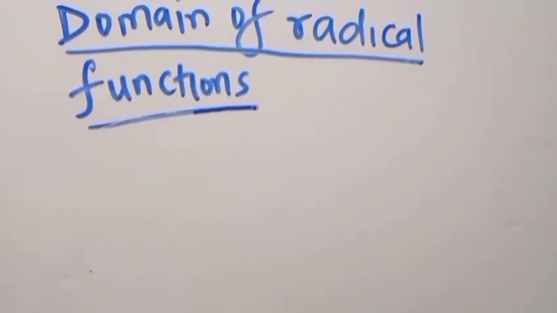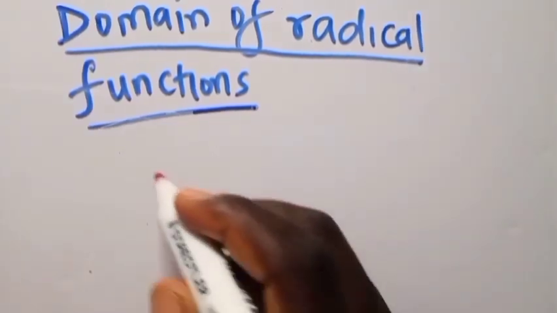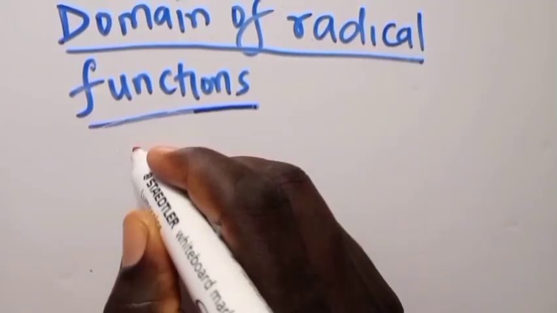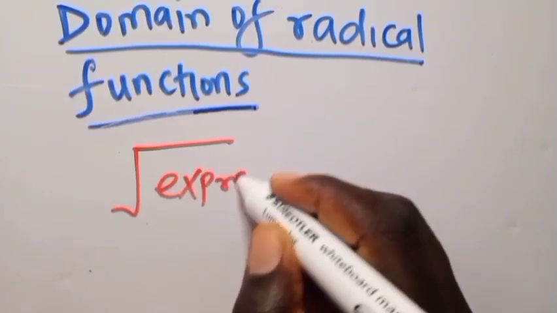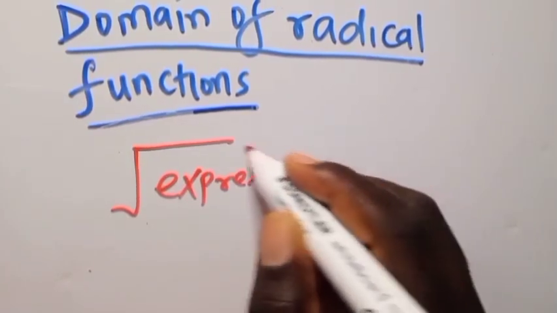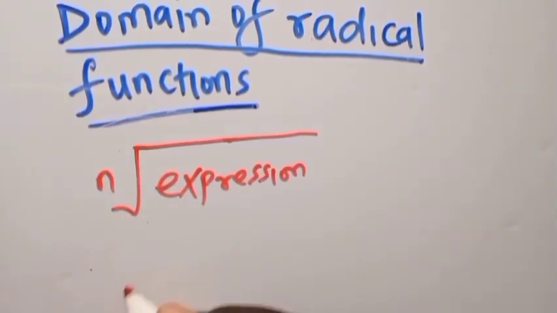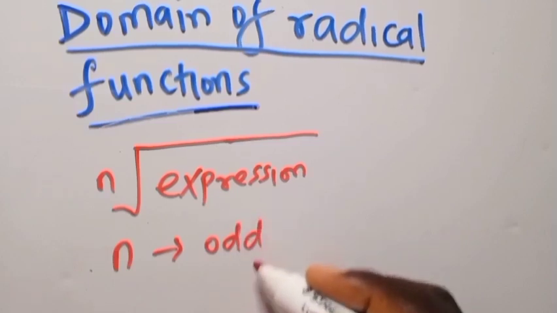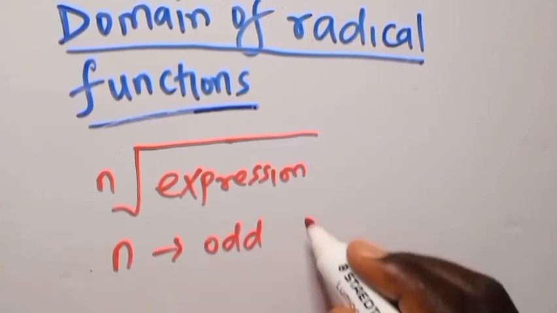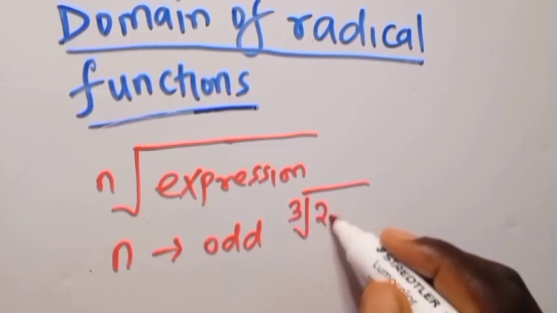Now, again, we looked at radical functions, and we said that radical functions are of this form. That is, it has an expression under the root sign. Again, we said that when n is odd, for example, let us consider the cube root of 27.